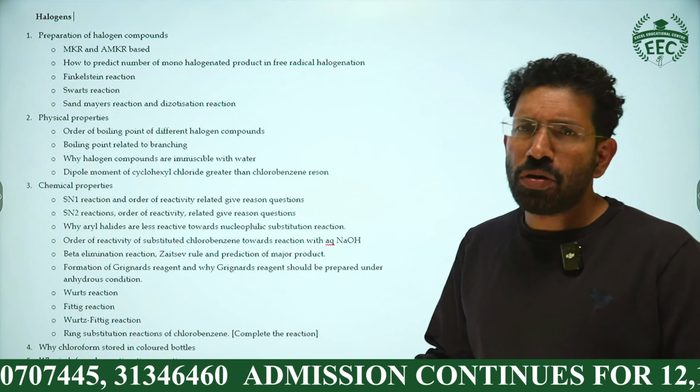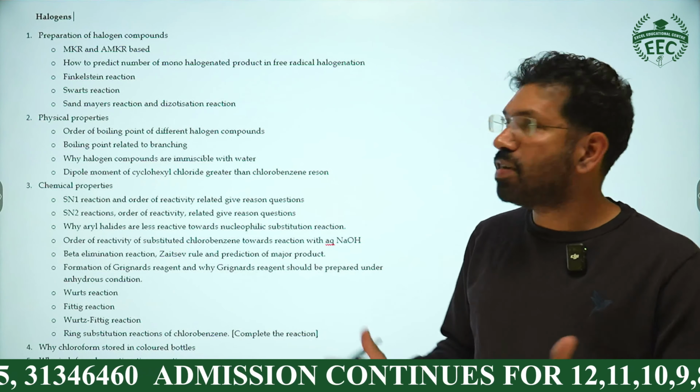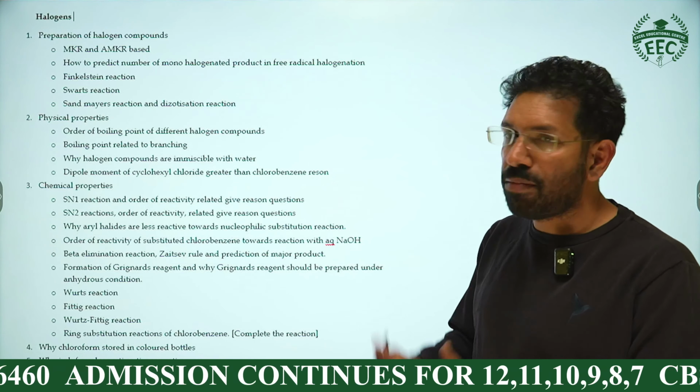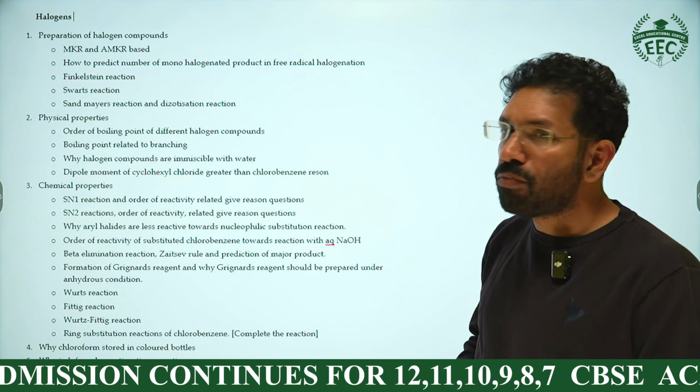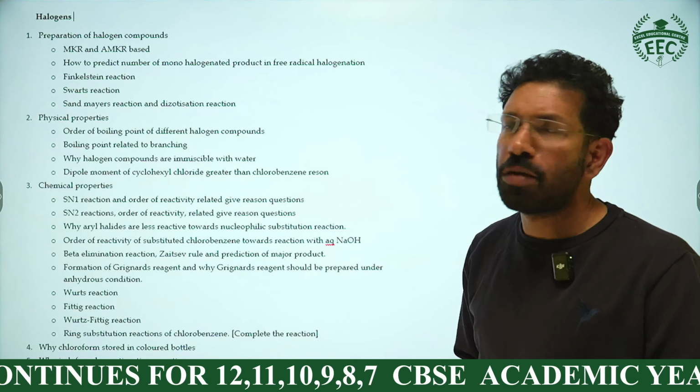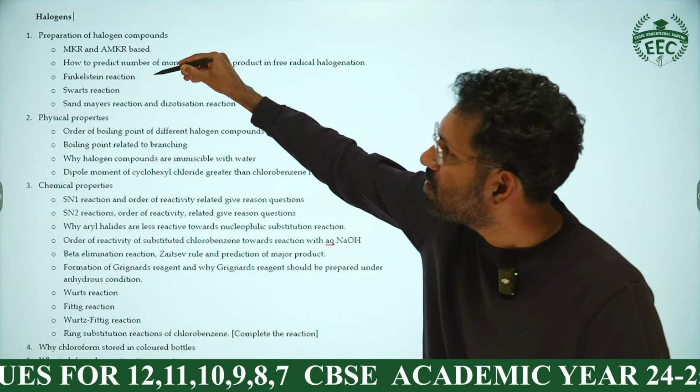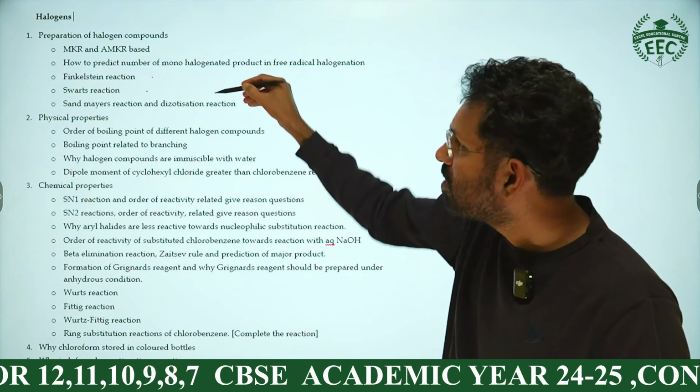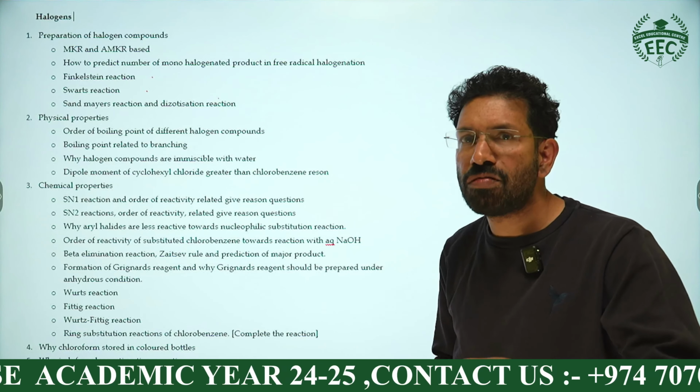Halogens. Already I told you all these in the class. Halogens, how it is coming: preparation of haloalkanes, how to predict the number of monohalogenated products, which isomers can form, how many monohalogenated products, that you have to remember. Finkelstein reaction, Swarts reaction, Sandmeyer's reaction, diazotization. Actually, organic chemistry you can study in a different way also. Name reactions will come.